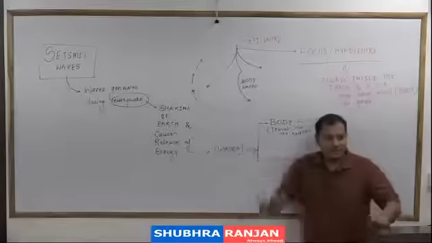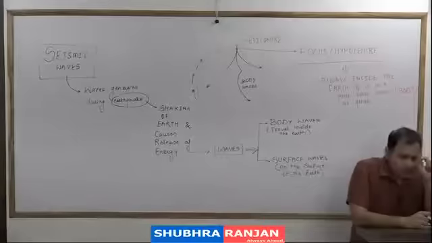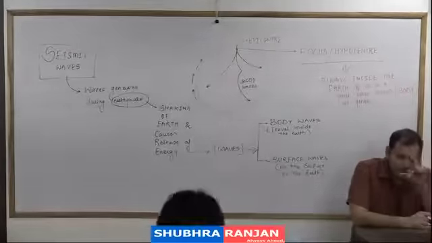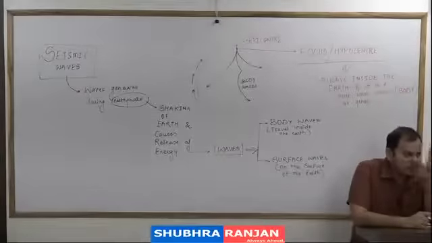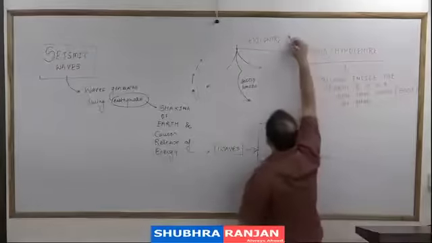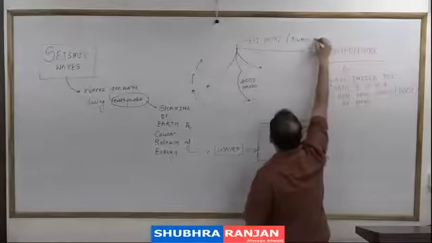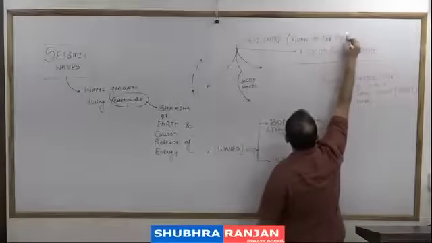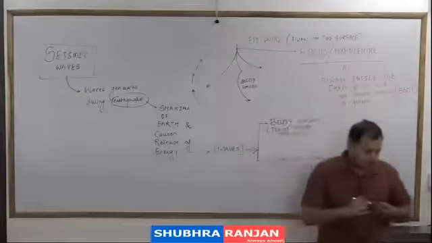It is a point on the surface jahan pe the earthquake ka maximum impact will be seen. So this epicenter, as of now you remember, it is always on the surface. Nearest to the focus.